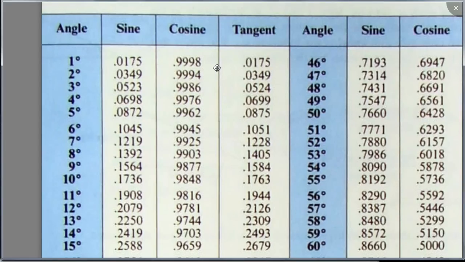How would you know? Because tangent of 1 degree is always the same, right? So if I told you the tangent of some angle measure is 0.0875 right here, which angle must give you that tangent ratio?